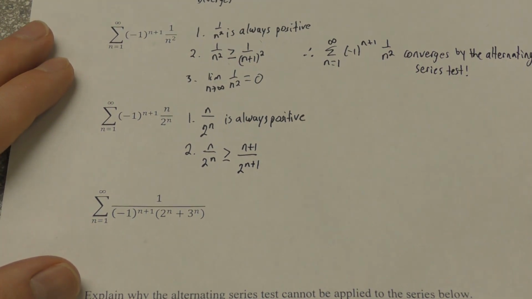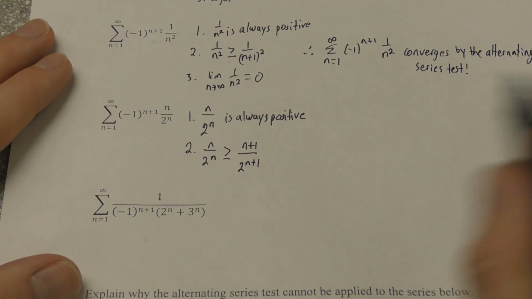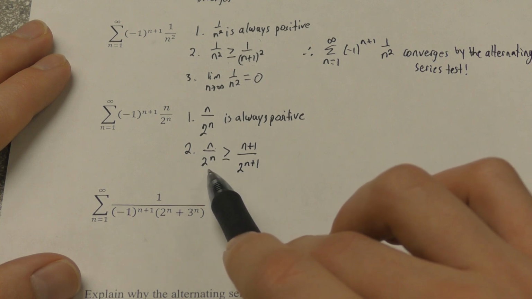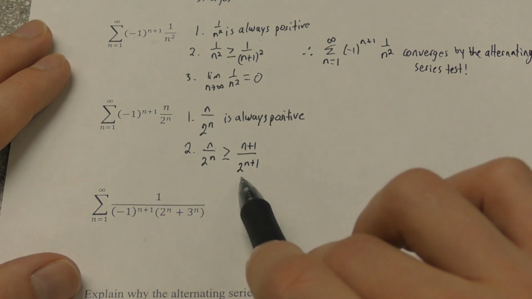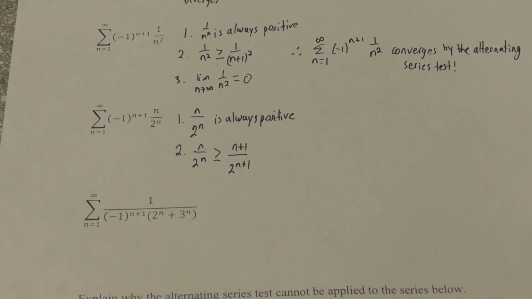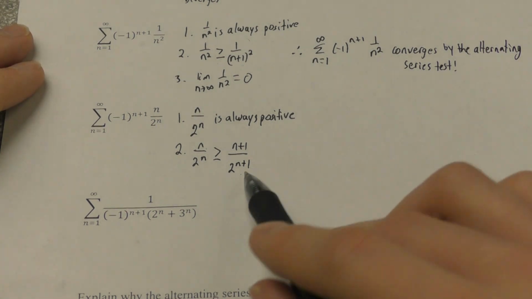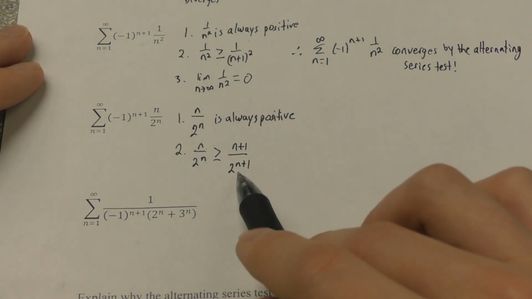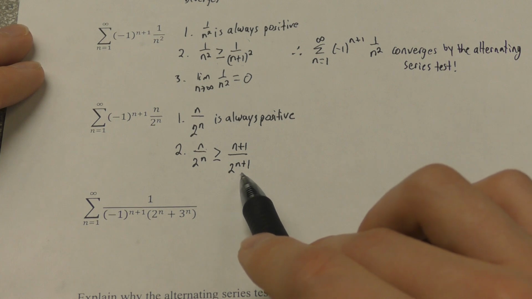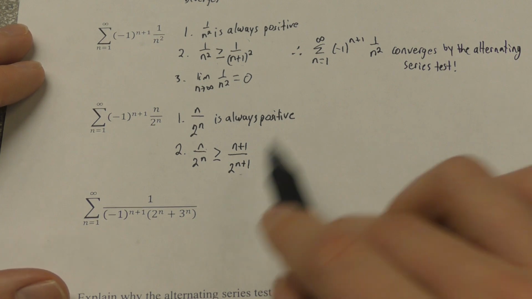Now we can think about the strength or even like the derivatives of these and how they grow. n is going to grow linearly. 2 to the n is going to grow exponentially. So the denominator is going to get bigger faster, right? So eventually it'll win. It'll take over. And so yes, this thing will eventually be smaller than the previous term because the denominator is going to grow so fast, right? If you start plugging numbers, you might be able to even see that.